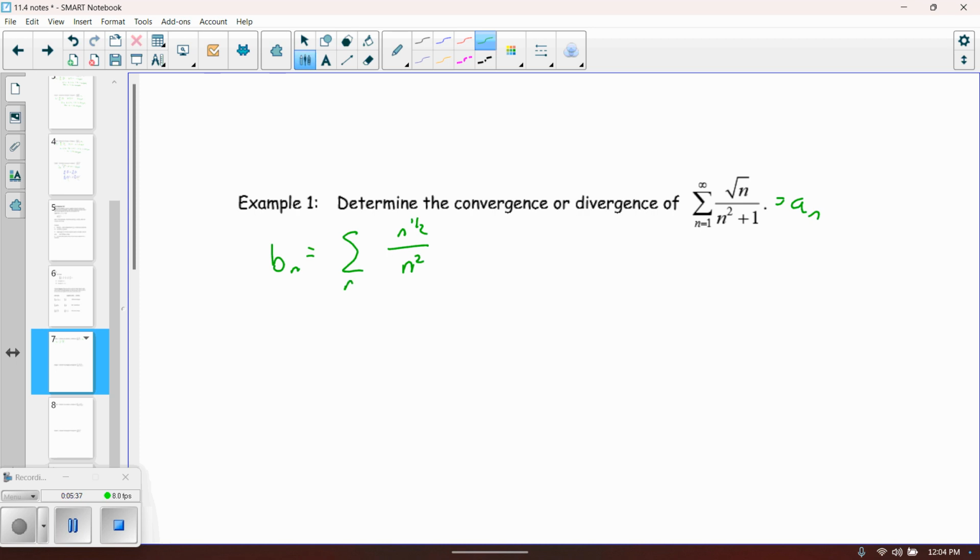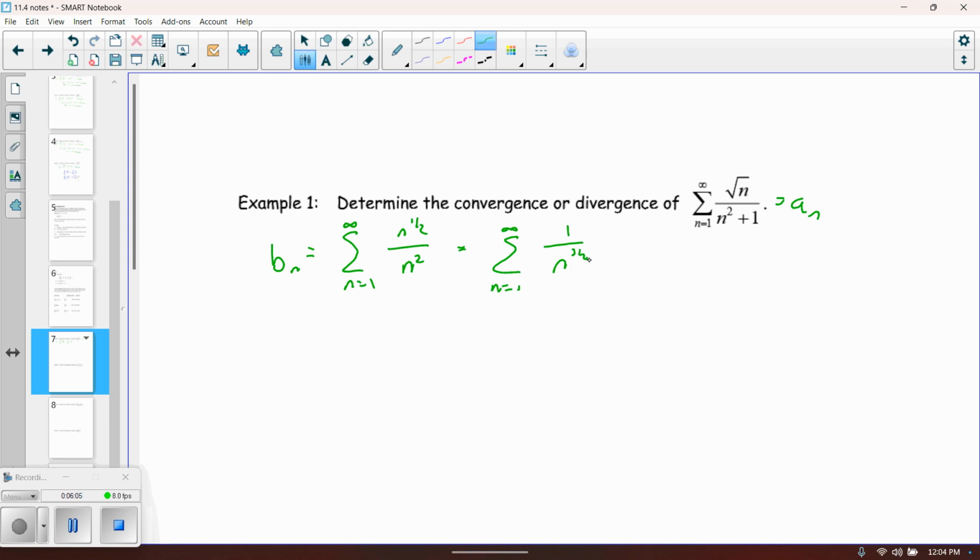Now you do have to simplify that. Well, you don't have to, but it makes it a lot easier. Remember, you would subtract the exponents, so n to the 1/2 over n squared is going to simplify to 1 over n to the 3/2 power. So that's going to be our b sub n.